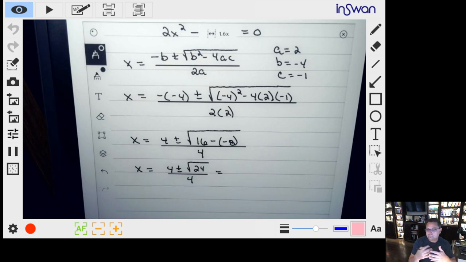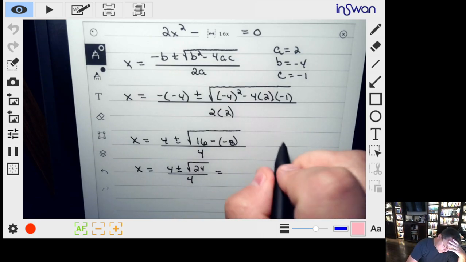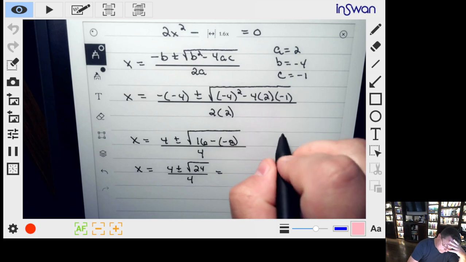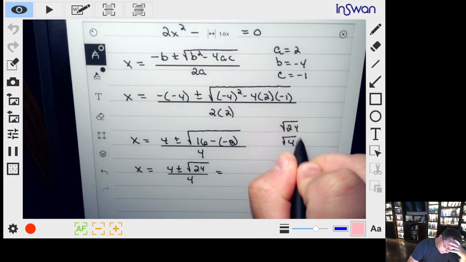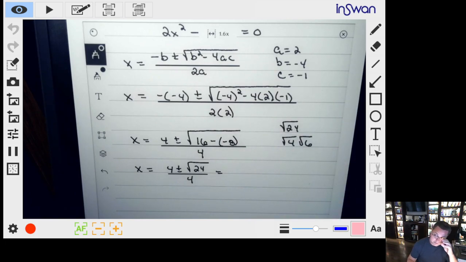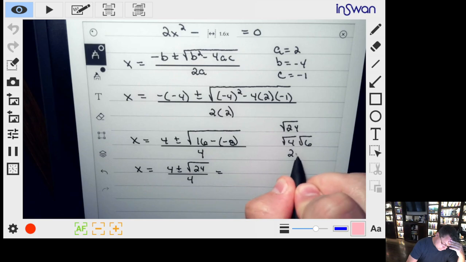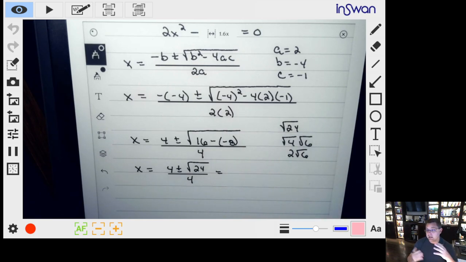When I say product, I mean multiplication. It turns out it is. As a side note, the square root of 24 is the same thing as the square root of 4 times the square root of 6. The square root of 4 is 2, and the square root of 6 we can't do anything with. That's as simple as it gets.